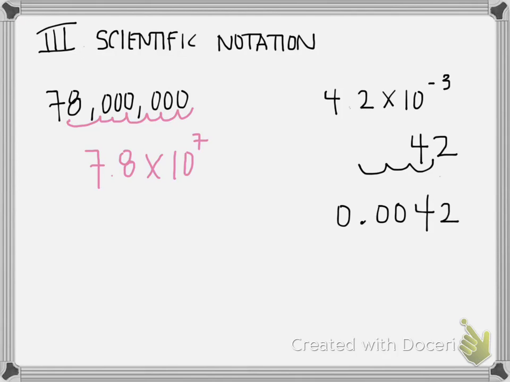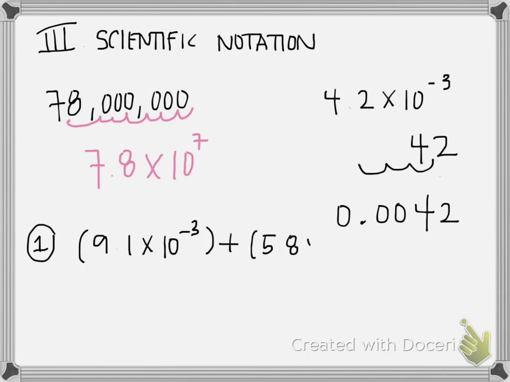Okay. Remember, when you add numbers that are in scientific notation, the exponent on the base 10 has to be the same. So if I was going to add, let's say, 9.1 times 10 to the -3rd plus 5.8 times 10 to the -2nd power.